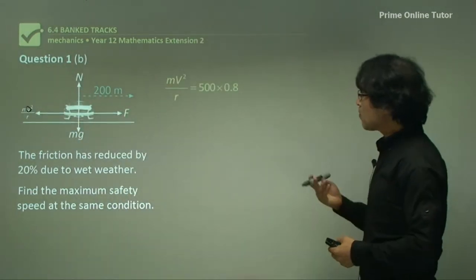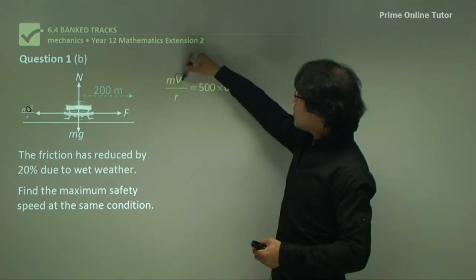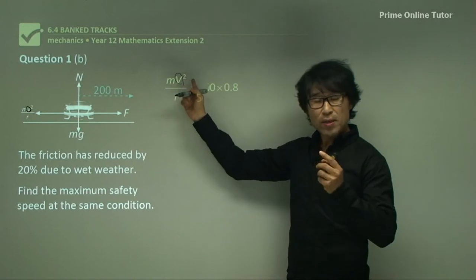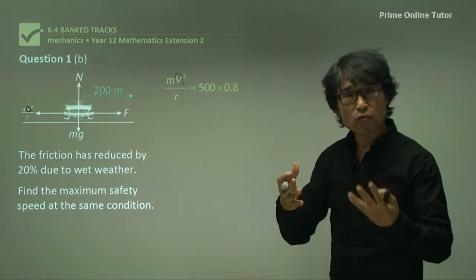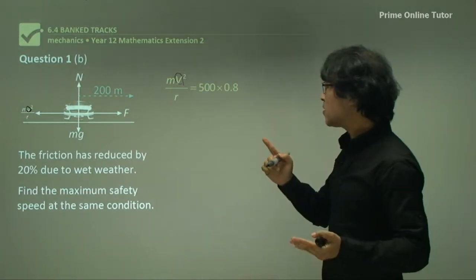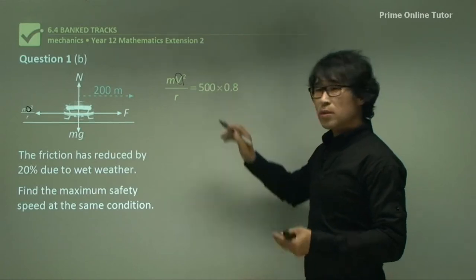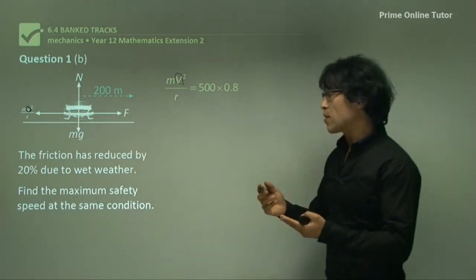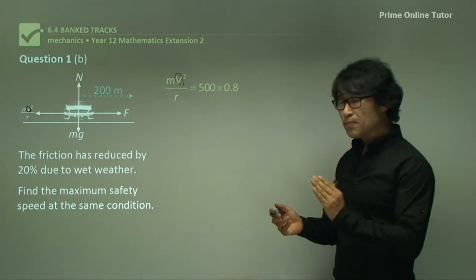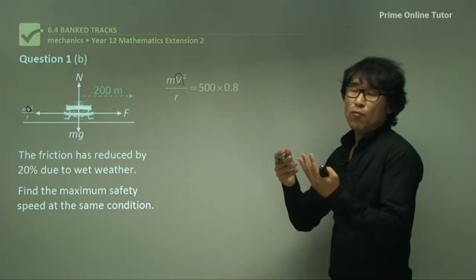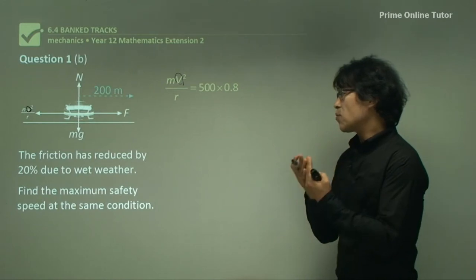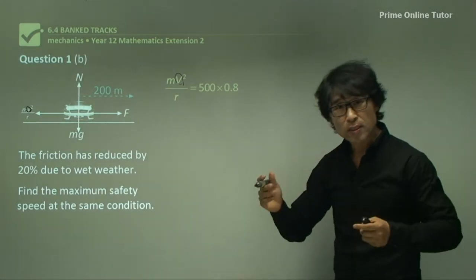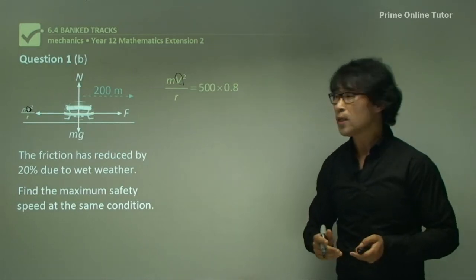This v is not the small v over here. This is big V, which is a new v that we are going to find out. So it's slightly different. This was the usual friction force over there, but due to the fact that the weather is wet, the new friction force is 20% decreased, so we need to multiply by 0.8.